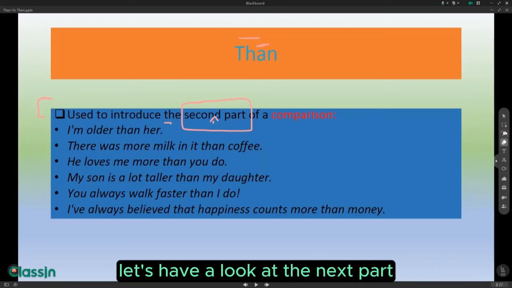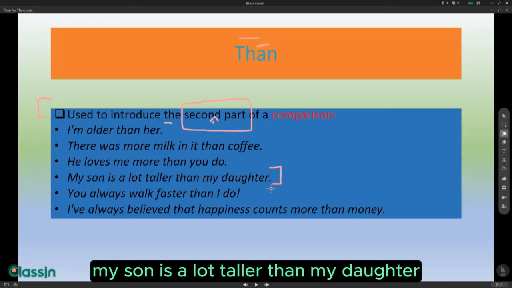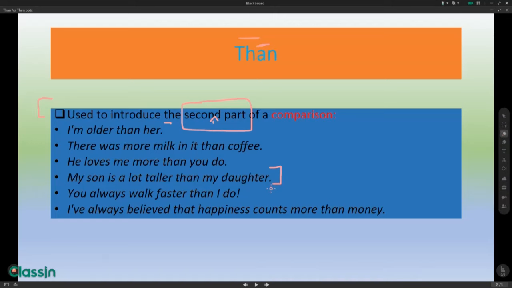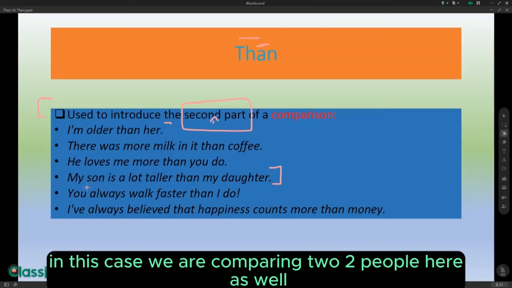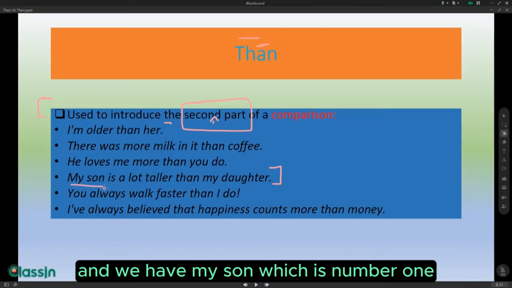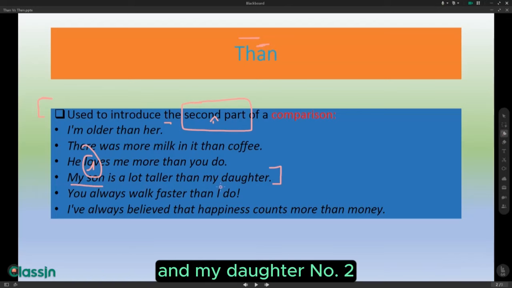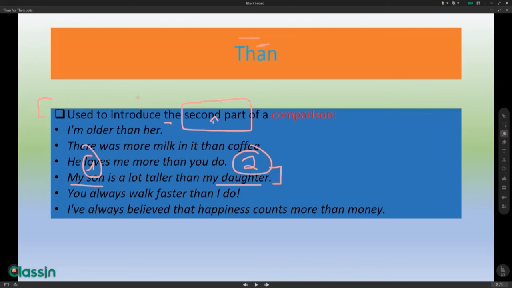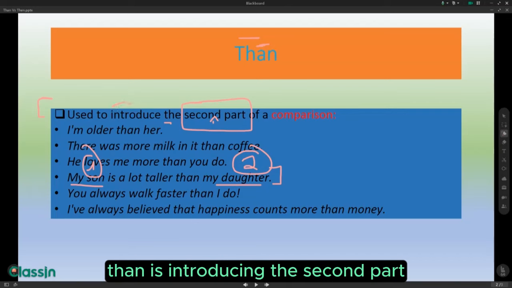Let's have a look at the next part. My son is a lot taller than my daughter. In this case, we are comparing two people here as well. And we have my son, which is number 1, and my daughter, number 2. As you can see, "than" is introducing the second part.